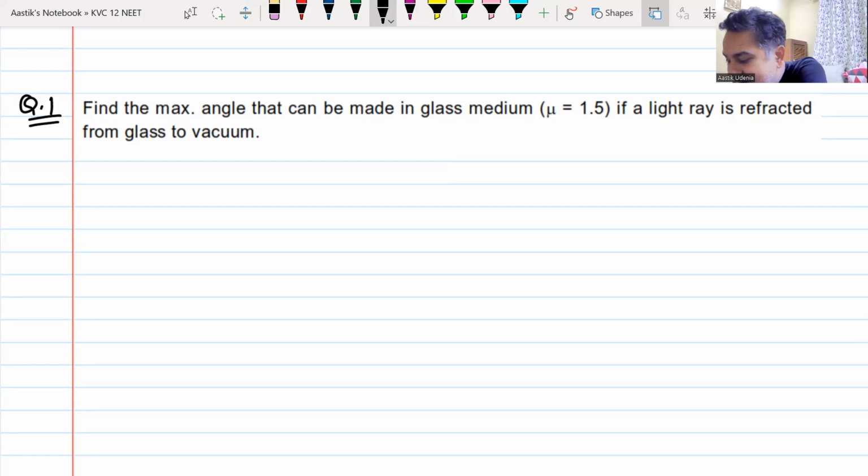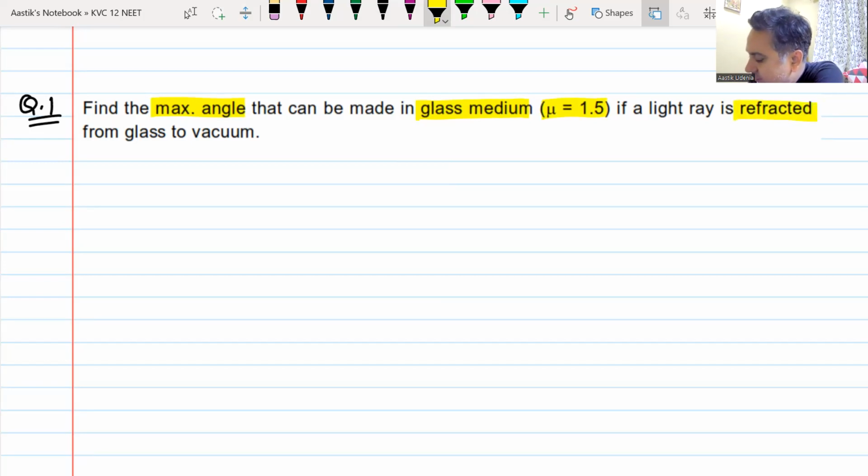Yes, my dear friends, do you have an answer? Find a max angle that can be made in glass medium. Refractive index is 1.5.